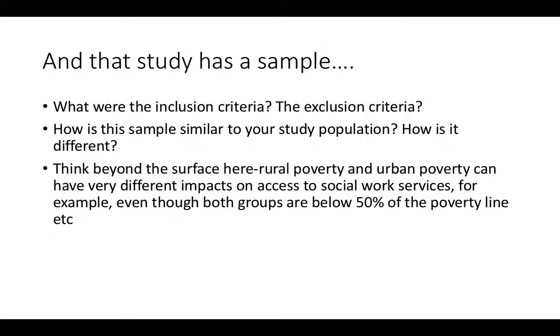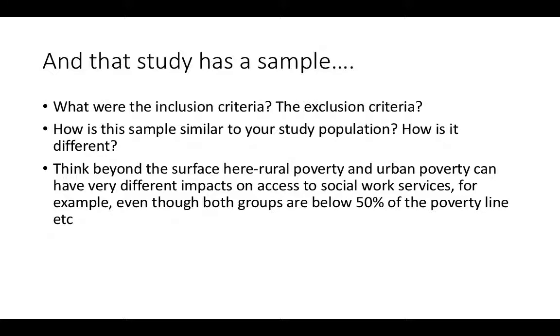So you have a study, and that study has a sample. And so when you look at the sample, look at the inclusion criteria and the exclusion criteria. And think about how the sample is similar to your study, to your population, and how it's different. And it's important to think beyond the surface here.